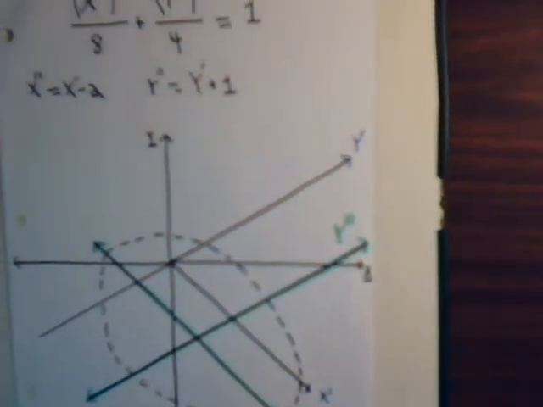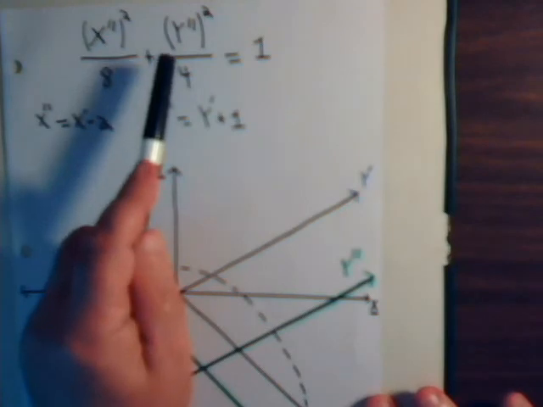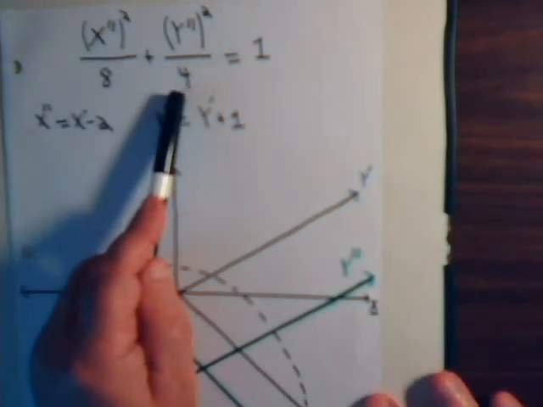Now we go up to our equation, and we have y double prime squared over 4.